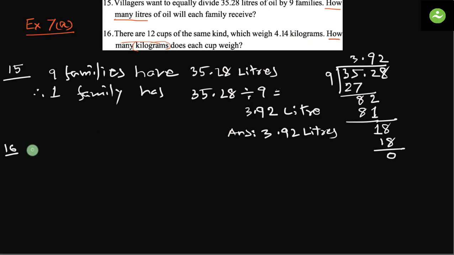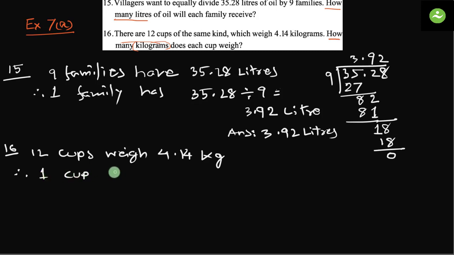12 cups weigh 4.14 kilograms. Therefore, 1 cup weighs 4.14 divided by 12 kg.